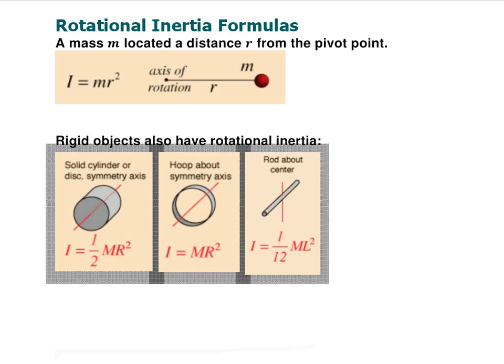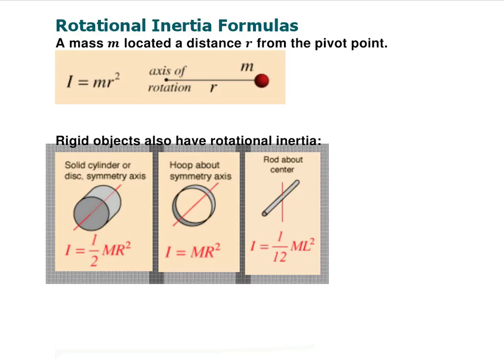If you have a small mass, m, located at a distance r away from where you're trying to pivot, we can calculate this mass's moment of inertia by using this formula here. I is equal to m times r squared.